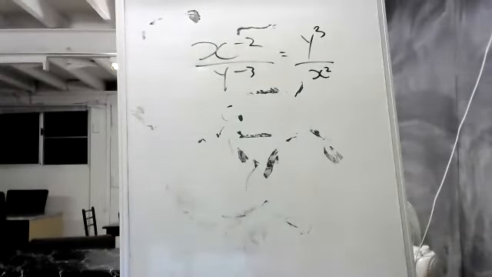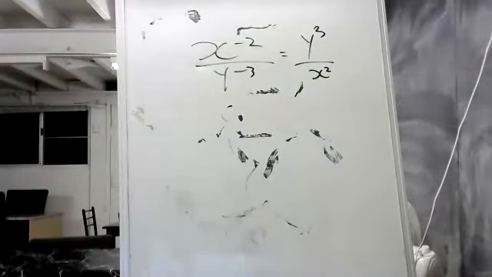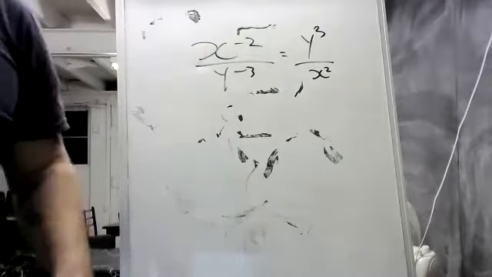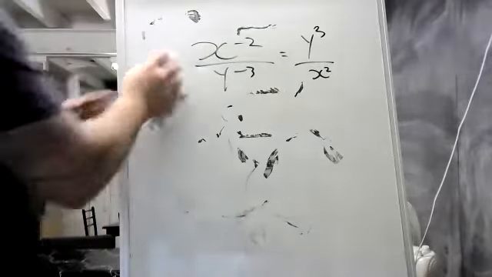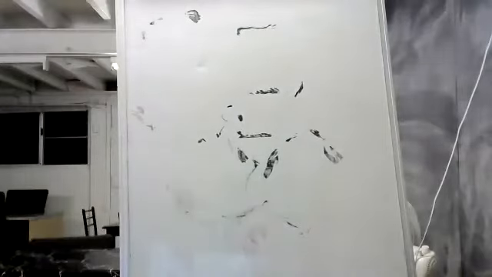And in doing so, by flipping them, we turn them into positive exponents. So that's all of the negative exponent rules.